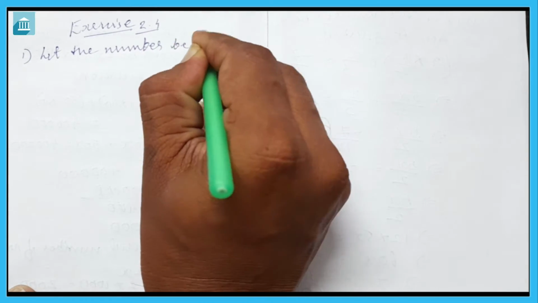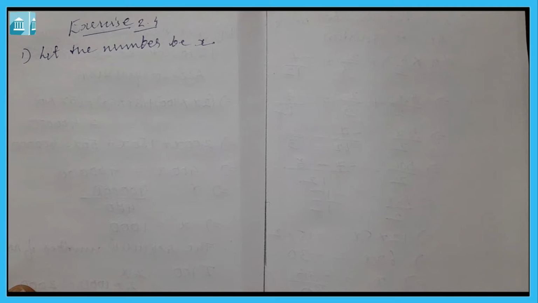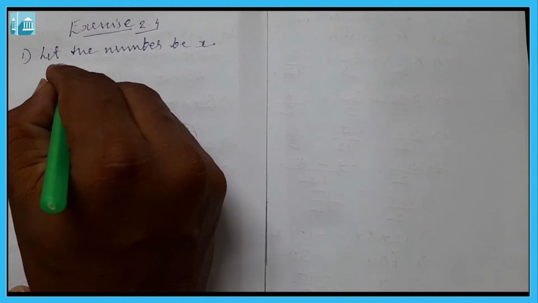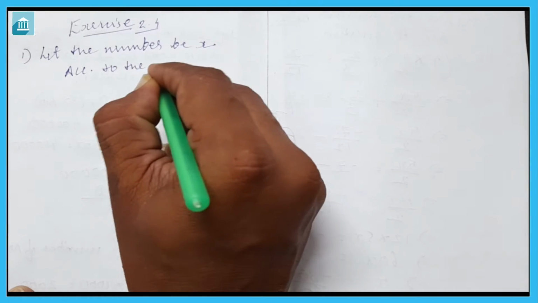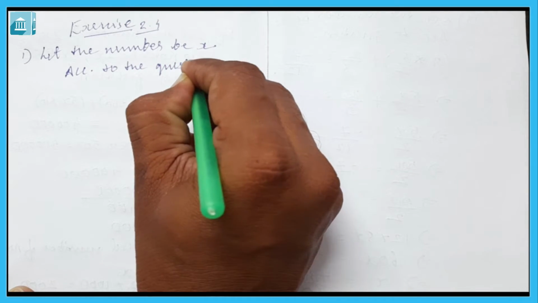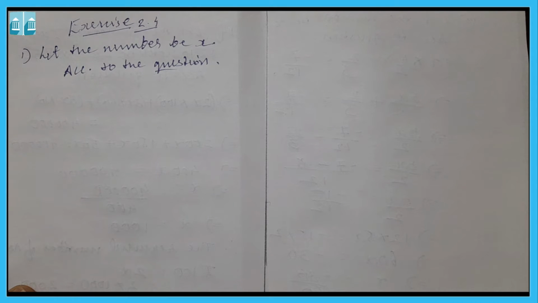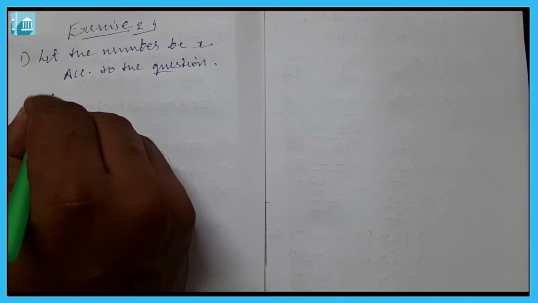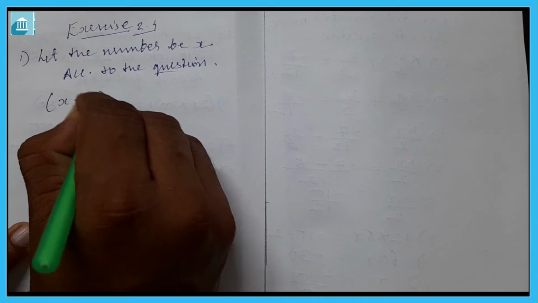Let the number be x. Now according to the question, it is given that she thinks of a number and subtracts 5 by 2 from it, which means x minus 5 by 2.